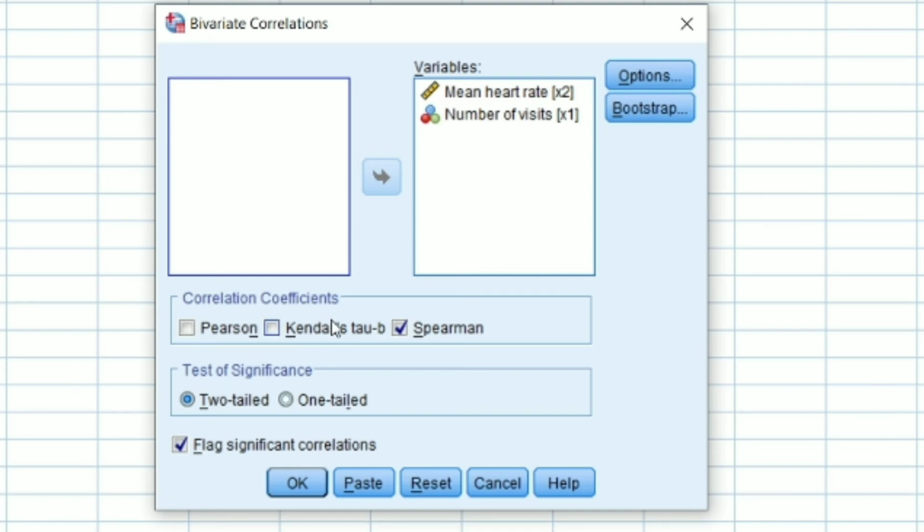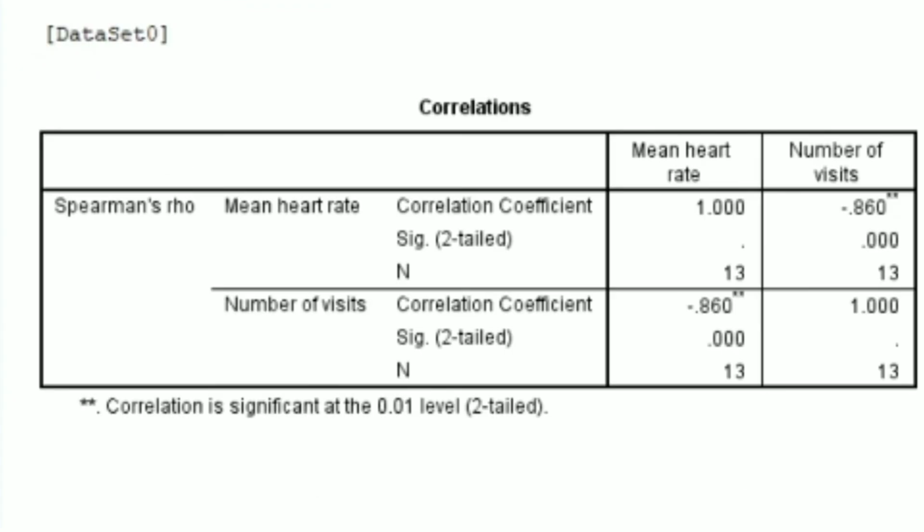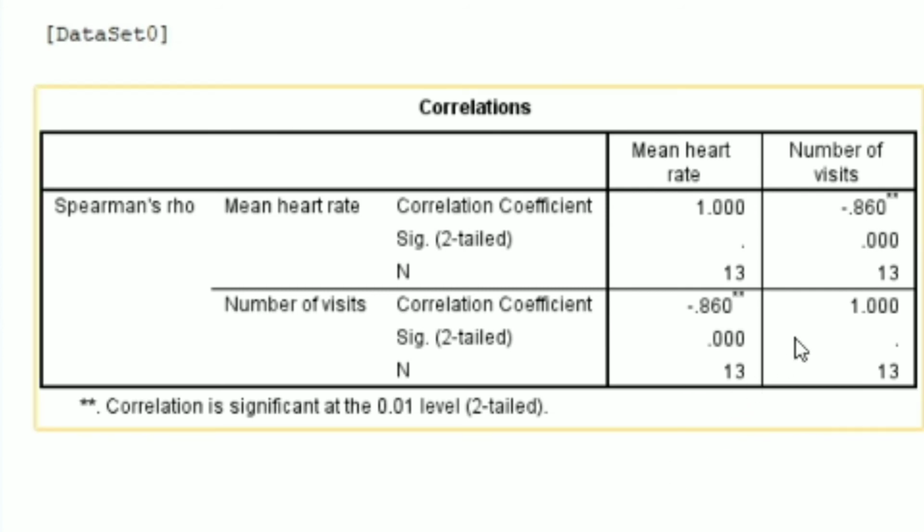Do not forget to check Spearman, and you click now OK. This is the result for the Spearman rank coefficient. We will focus on this value, negative 0.860. The value says that there's a negative association between mean heart rate and the number of visits.